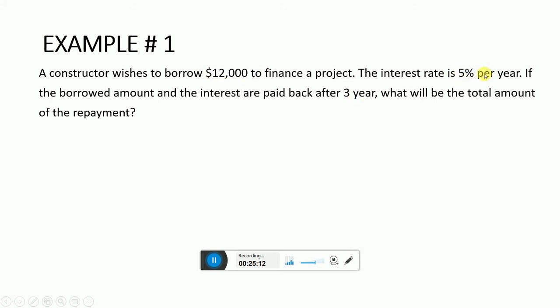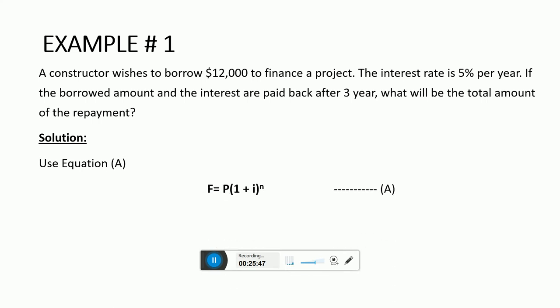I, the interest rate per year, is 5%, or we can say 0.05, and N, the number of years, is 3. So we will use equation A, which is also known as single payment compound amount factor, SPCAF, to calculate the future worth after the 3 years. What will be the amount which would be used for the repayment?